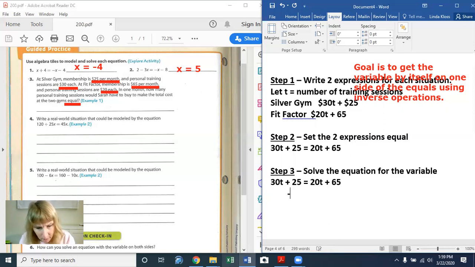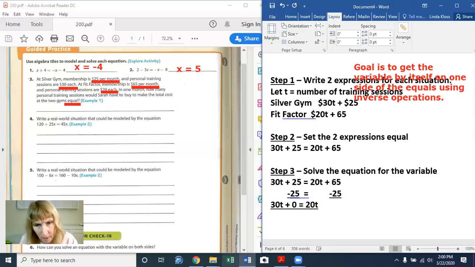I'm going to subtract, using inverse operations, the 25 from both sides. And I'm left with 30T plus 0 equals 20T, because positive 25 and negative 25 equals 0.